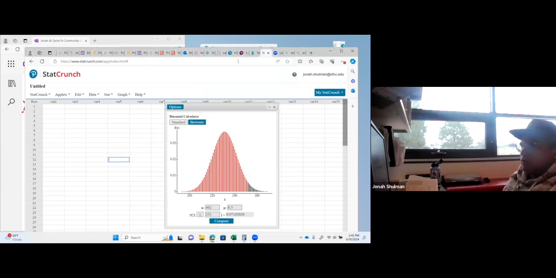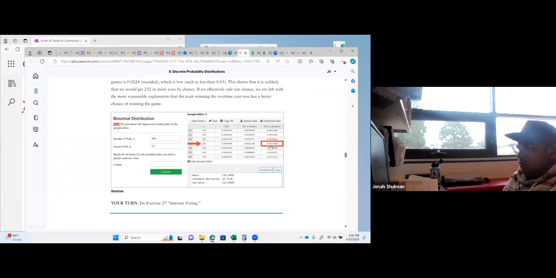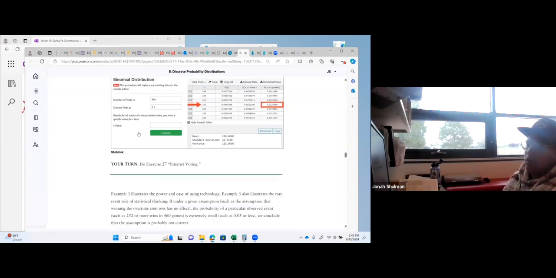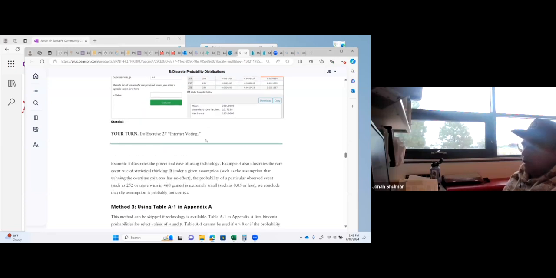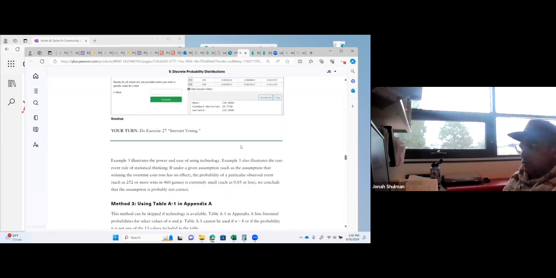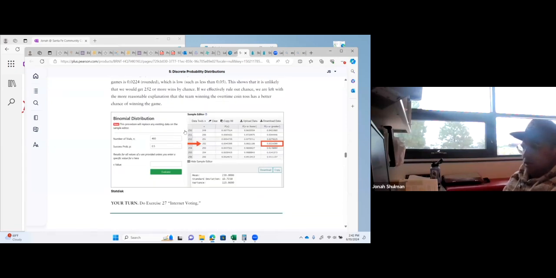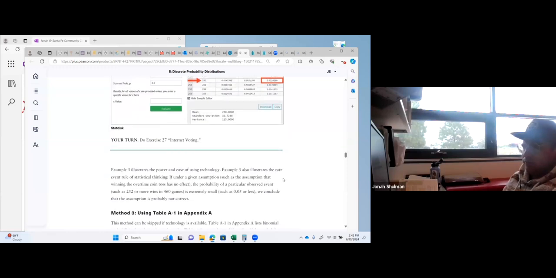And I got the 0.029 is what they wanted. And that's how we can get that value. So if we go to 251 and we drop it, then we get there. Oof, that was a lot. I would not recommend doing those, even with the technology, unless you have this specific program.